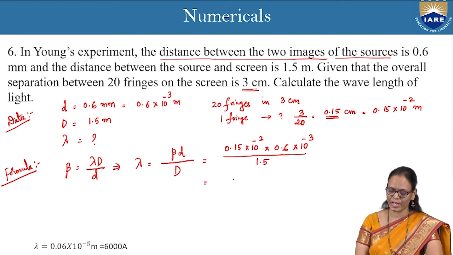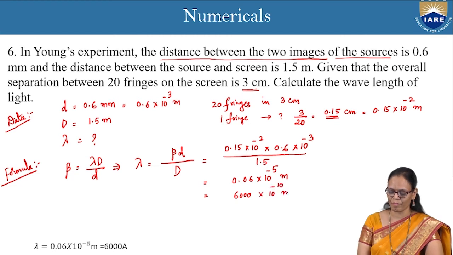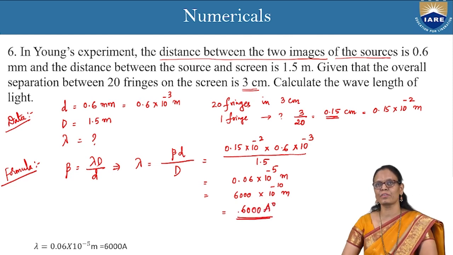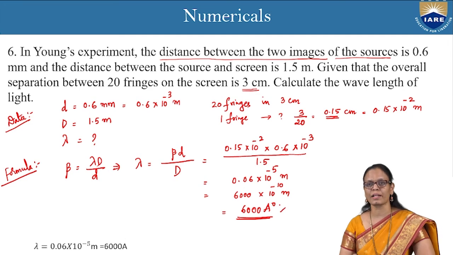So what we are going to get is 0.06 into 10 power minus 5 meter. So we can shift the decimal place 5 places and write it as 6000 into 10 power minus 10 meter, or it is 6000 angstrom. So the wavelength of light we are using here is 6000 angstrom.